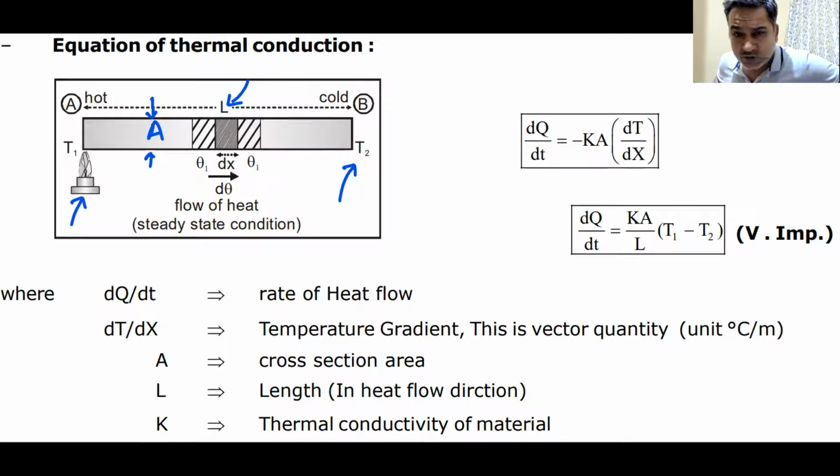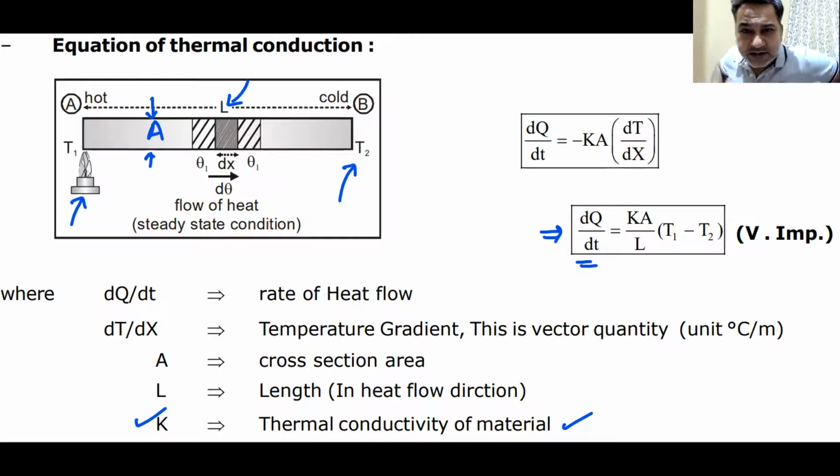If I write the equation for heat transfer, the rate at which heat is transferred, dQ by dt, where small t stands for time, dQ by dt is K A (T1 minus T2) divided by L, where K is a constant known as thermal conductivity. It depends on what type of material the body is. If the body is a good conductor, then the thermal conductivity will be very high.